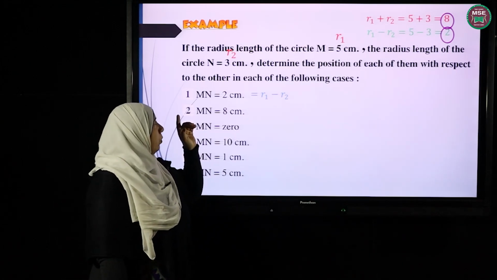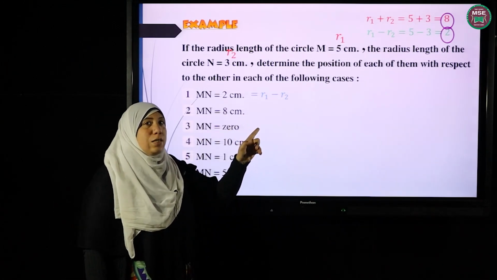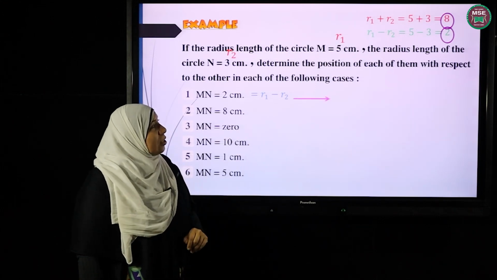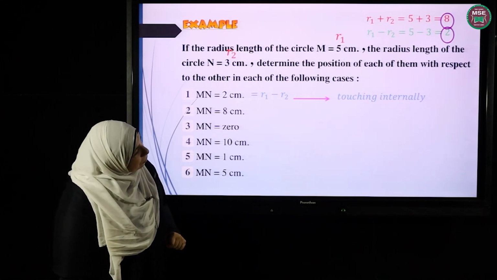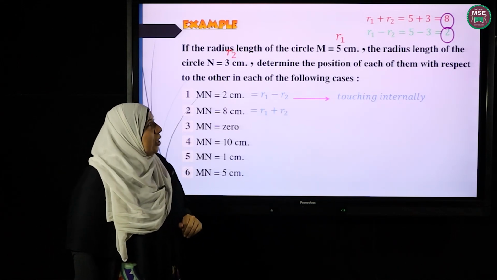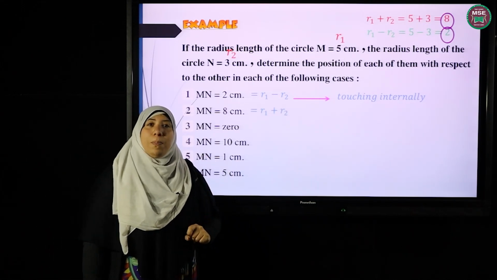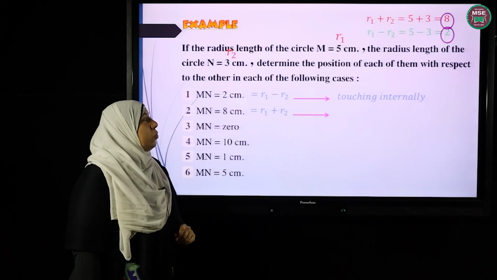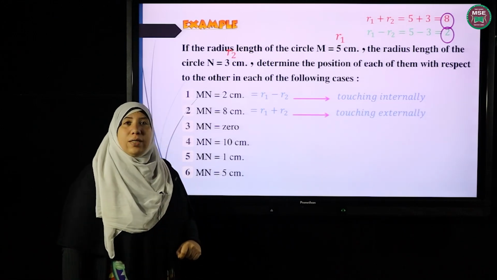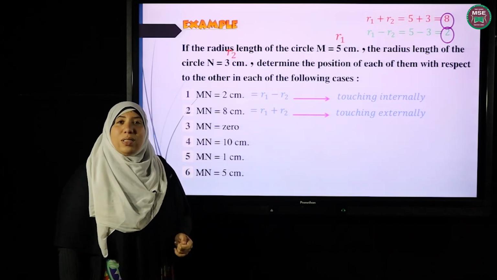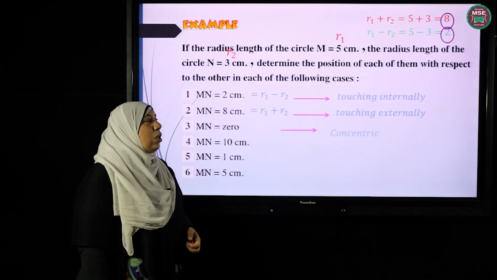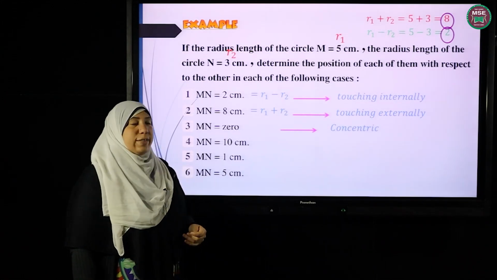So if the distance is exactly the difference, I can say that the two circles are touching internally. MN equal 8 is exactly the sum, so these two circles are touching externally. MN equal to 0, as we said before, they are called concentric circles.